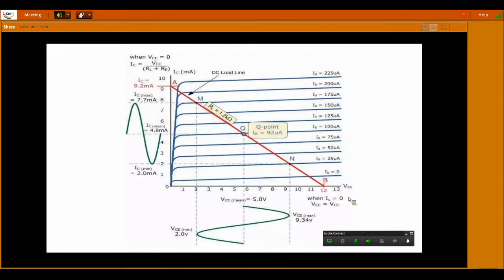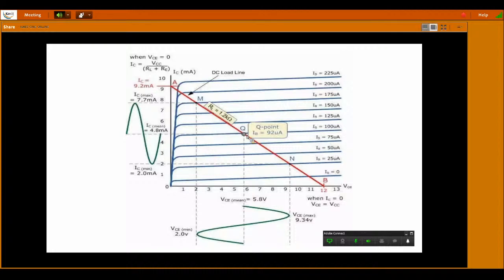The DC load line runs from A to B, and in the midway of the DC load line we have a point called the quiescent point or operating point. So what is this DC load line, and how do we get it?